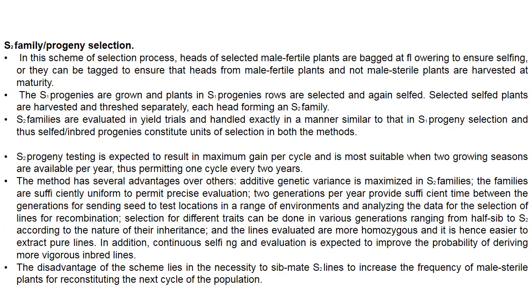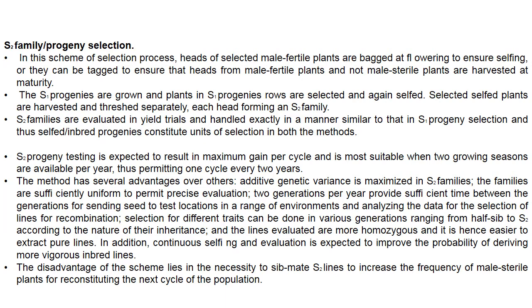Coming to S2 family or progeny selection. In this scheme of selection, heads of selected male fertile plants are bagged at flowering to ensure selfing, or they can be tagged to ensure that heads from male fertile plants and not male sterile plants are harvested at maturity.